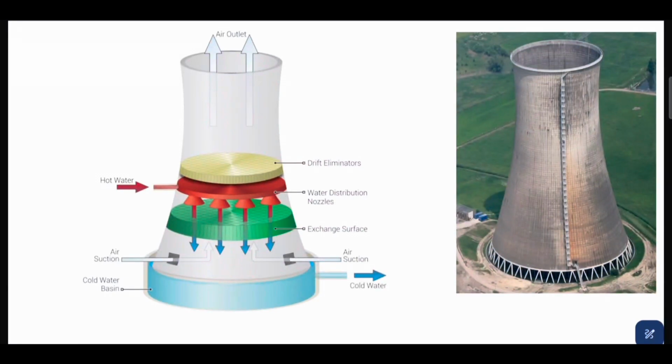This is the basic structure of a cooling tower. Let me explain the main components of a cooling tower. The first one is the pipe network. We have a series of pipes here, and we also have a number of small nozzles.